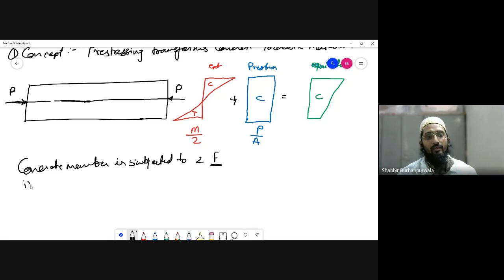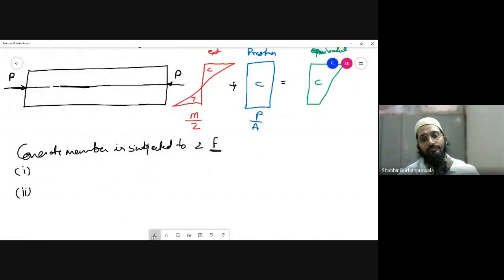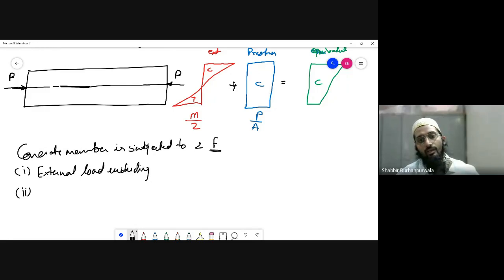The first force is the external load including its self-weight.